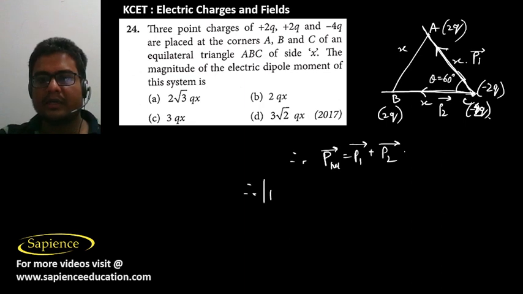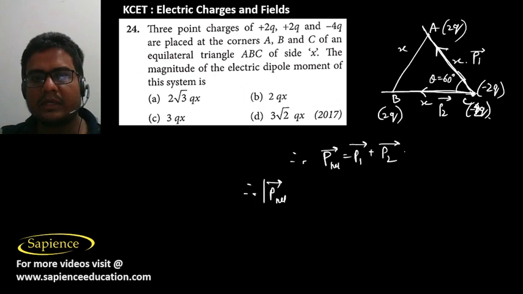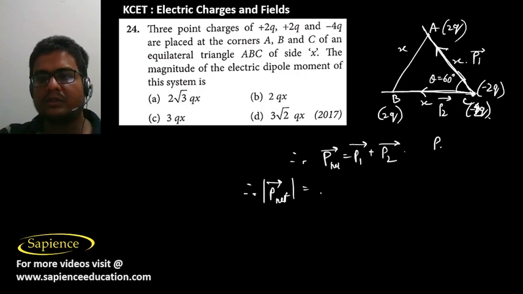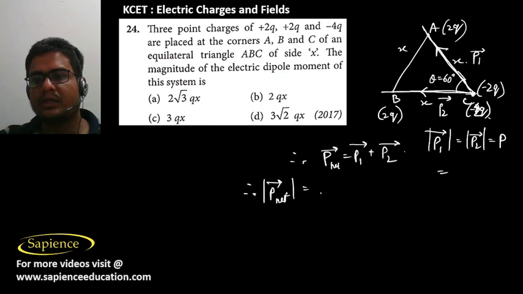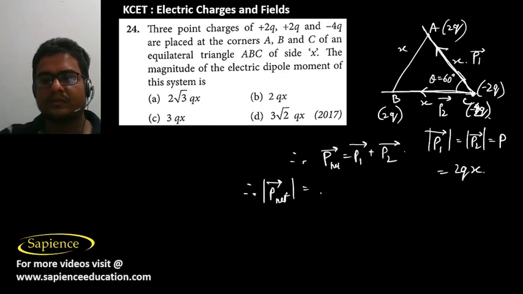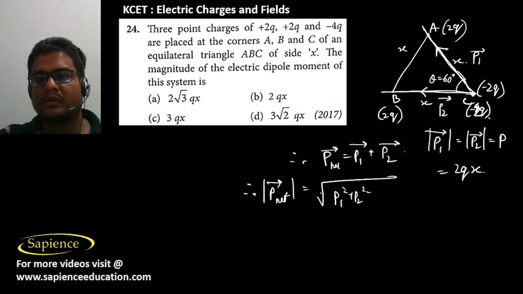Their magnitudes will be the same: magnitude of P1 equals magnitude of P2 equals P, suppose, that is 2Q into X. The net is the square root of P1 square plus P2 square plus 2 P1 P2 cos theta.